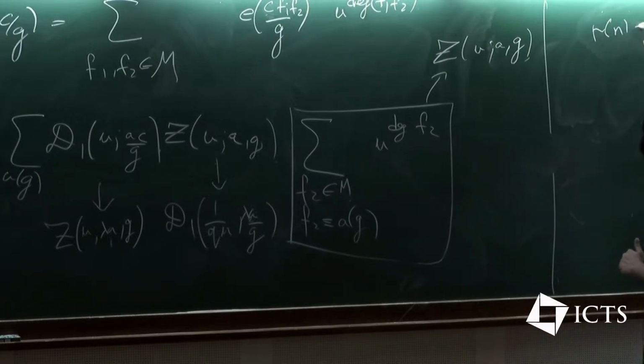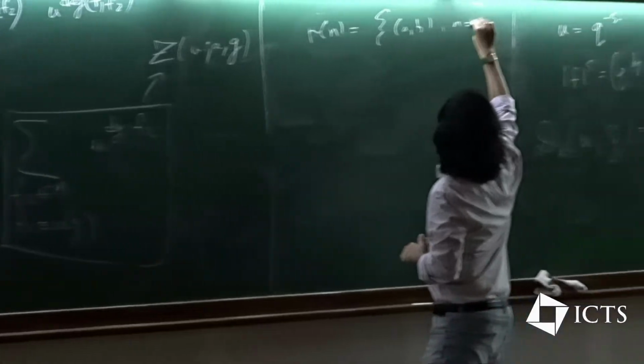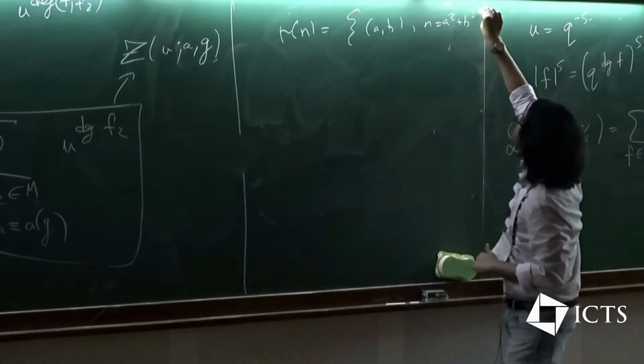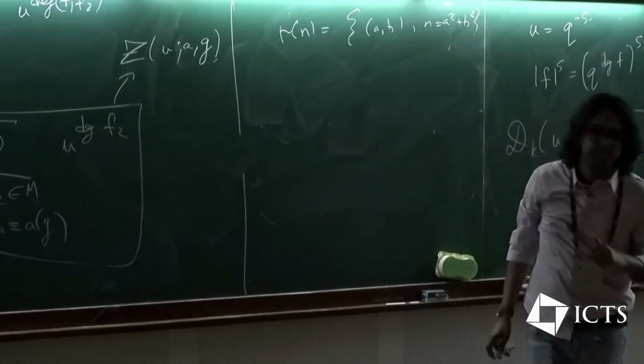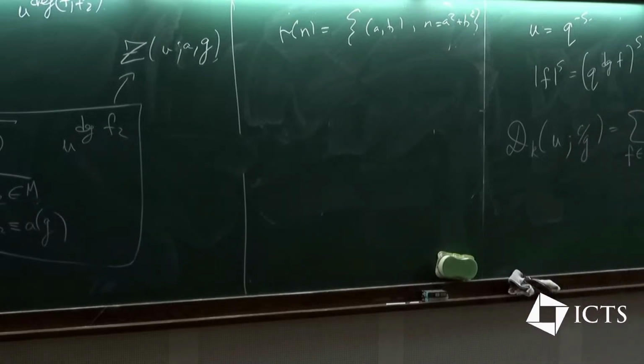If you look at r(n), equal to the number of ways to write n as a squared plus b squared, this is also a modular object because it's the coefficient of L(s, chi of minus 4) times zeta of s, and it has an analogous Voronoi summation.